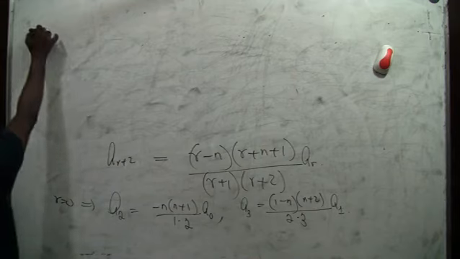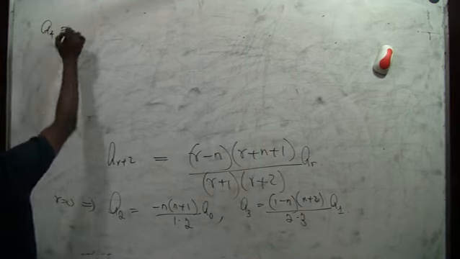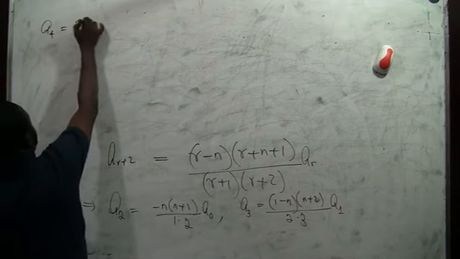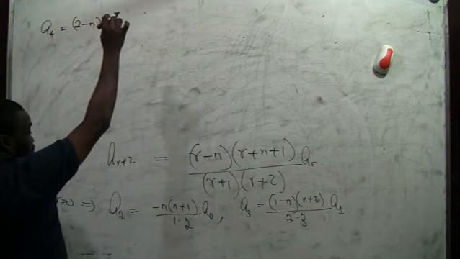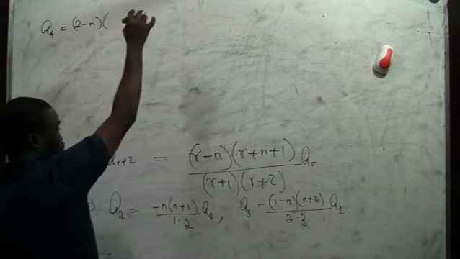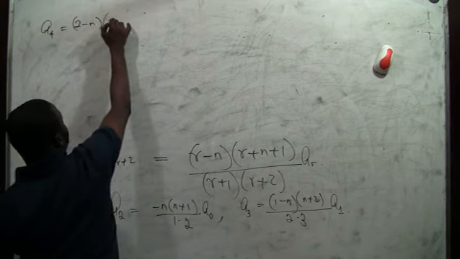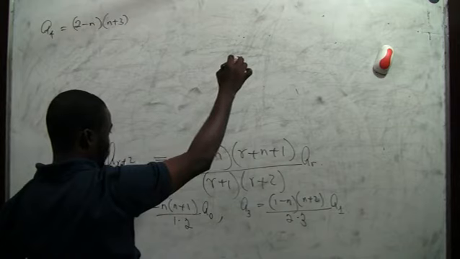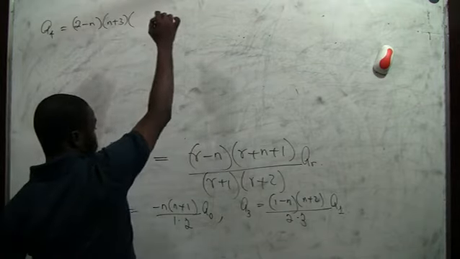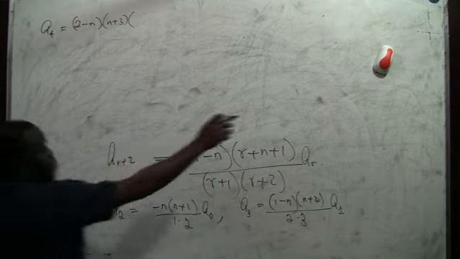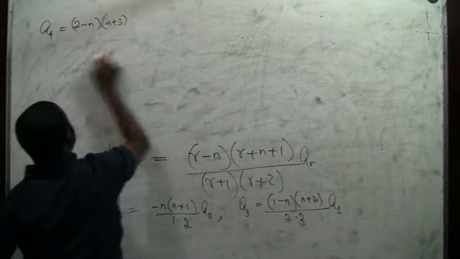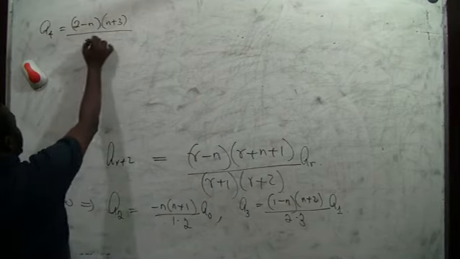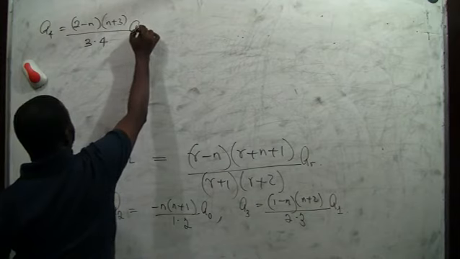Then a4 gives 2 minus n into n plus 3 divided by 3 multiplied by 4 a2.